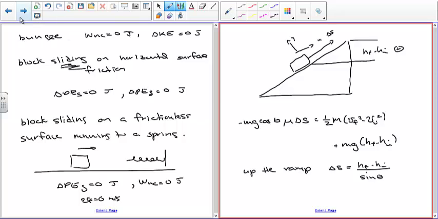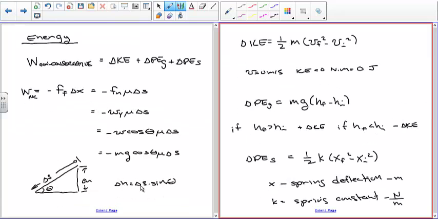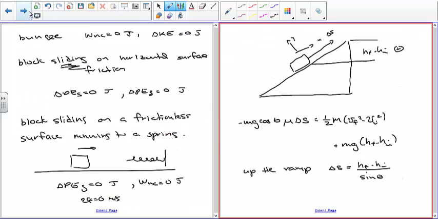So that comes from this relationship here. So delta H is delta S sine theta, or delta S is H divided by sine theta. If it's going down the ramp, then delta S is going to be H initial minus H final divided by the sine of theta.